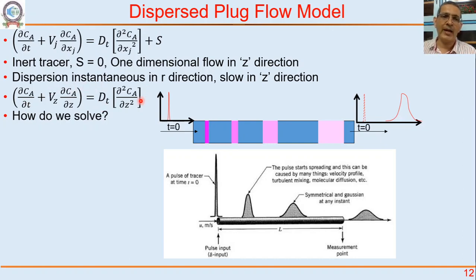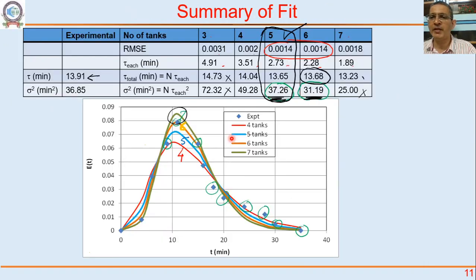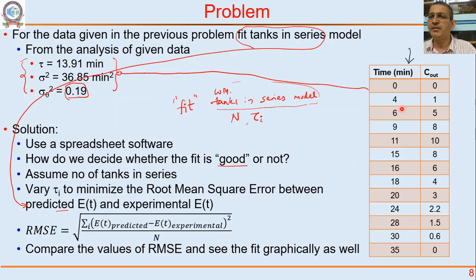and vary the value of the dispersion coefficient, so that the concentration as a function of time that is predicted at the outlet matches my experimental data. What is the experimental data? This is the actual experimental data on a reactor.